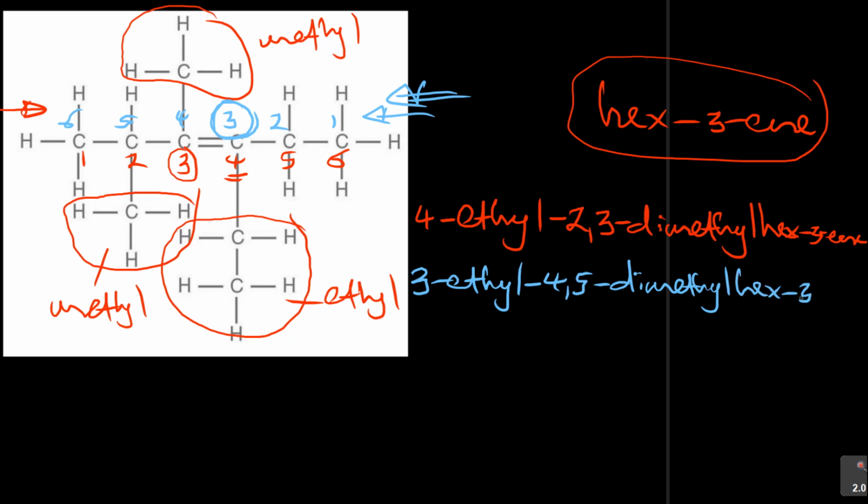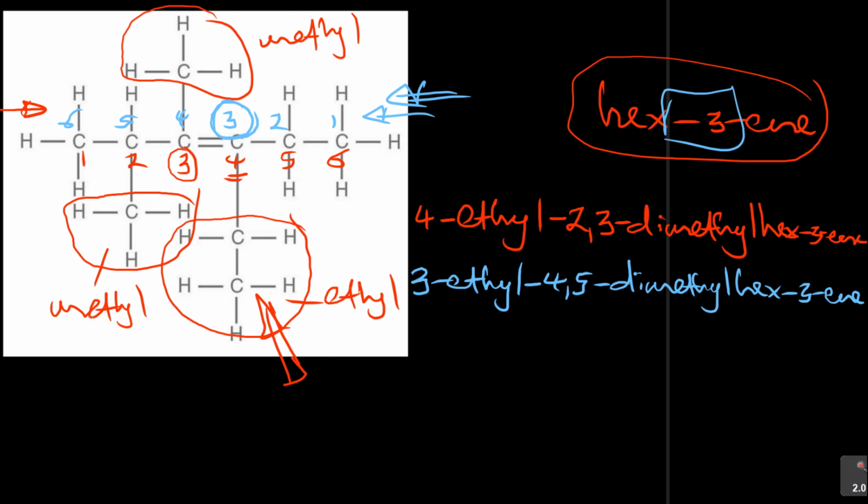Hex-3-ene, it doesn't matter whether you're moving from left to right or right to left, it's that center. But the one determining which direction I must take is the ethyl. Why? Because ethyl starts before methyl.